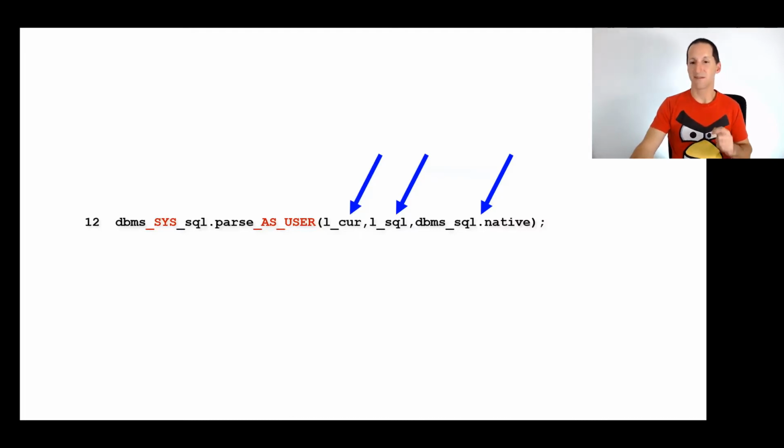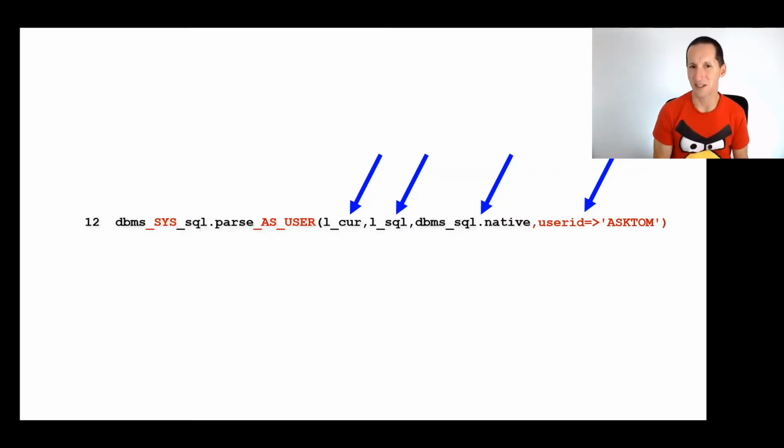And therefore it takes a fourth parameter, which is the user ID as which you would be running this SQL. Now, that sounds like an incredibly lax means of security. I can log on as some user, and yet I can parse and execute SQL as some other user without ever knowing their credentials or their privileges. And you're dead right.